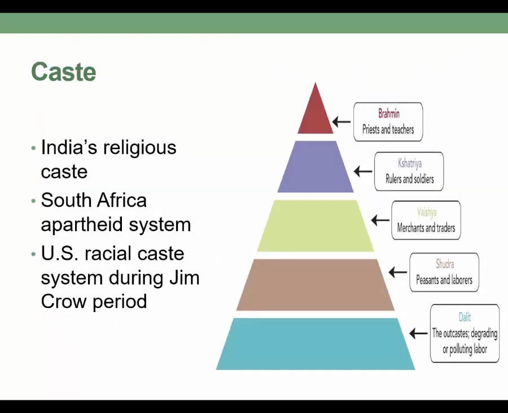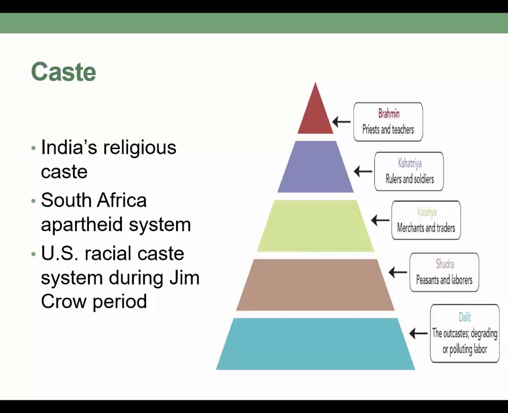Next, we have the caste system. Once again, in the caste system, it's based on an ascribed status. You are born into a specific caste. And once again, it's largely a closed system in the sense that there is limited opportunity for you to move out of your caste, and therefore to gain greater access to the good stuff in society.